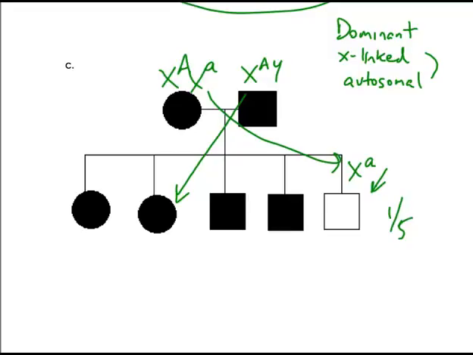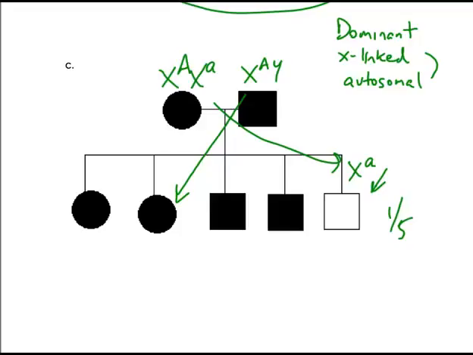So the question is, if it was this situation, what's the probability that we would see what we're seeing? The probability is that about half of the males would be affected and about half of them would not be affected.